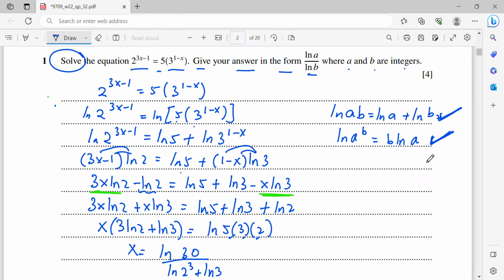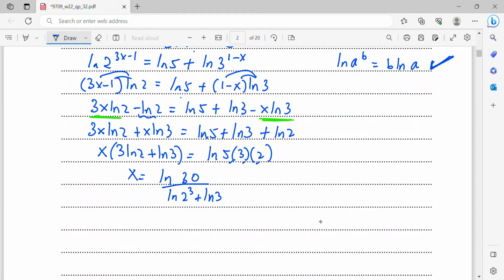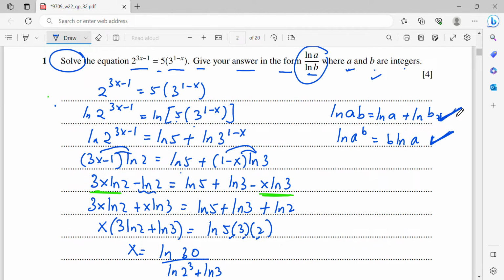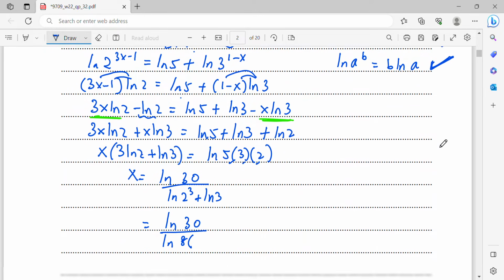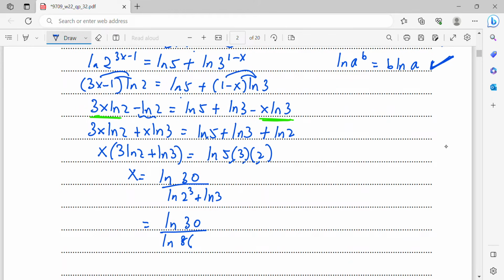Okay, and now the final answer must be in terms of ln A over ln B, where A and B are integers. It means that now I need to simplify my denominator. So I will be getting ln 30 over ln 2 cubed, which is 8. Because of the plus, by using the first ln formula, you need to multiply 8 with the 3.